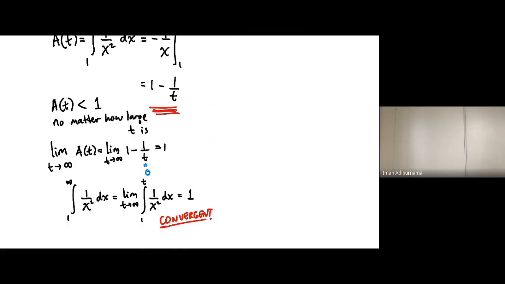But if we are computing directly 1 to infinity, it's difficult because infinity is really abstract. It's not an exact number, right? So we need to rewrite this into this limit as t approaching infinity, and we solve this first. And after we get solution from here, we compute the limit. If the limit has a number, we say it's convergent. If it stays infinity, then we say divergent. I will explain later.